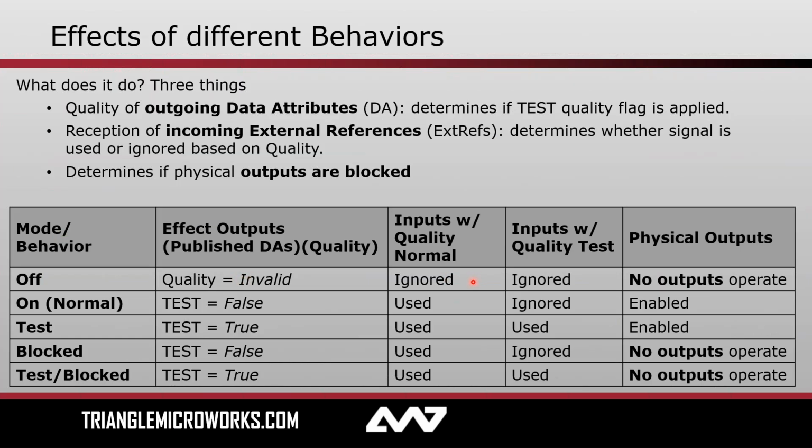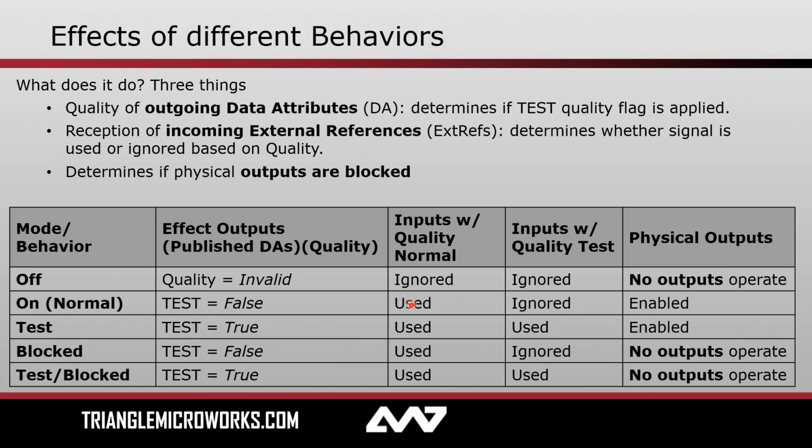It will ignore any incoming messages, whether their quality is set to test true or test false, and we will not actuate any outputs. If, on the other hand, my mode is in normal, this is the typical state you would find yourself in, the quality of any GOOSE messages or sample value streams that are coming out of my device, or the data in those sample value streams and GOOSE streams, will not have a quality of test.